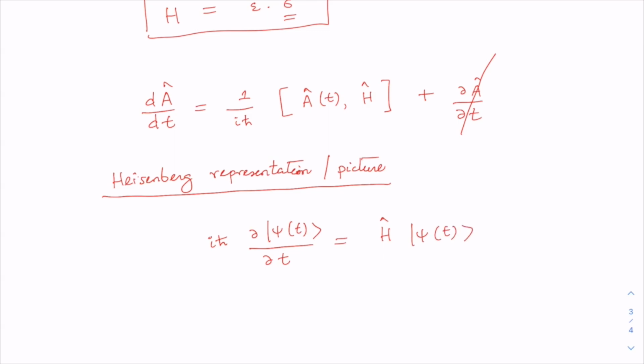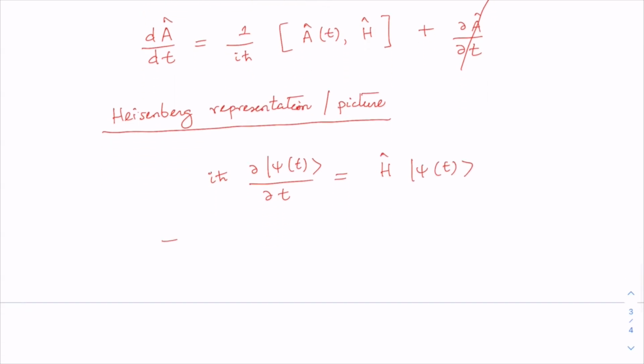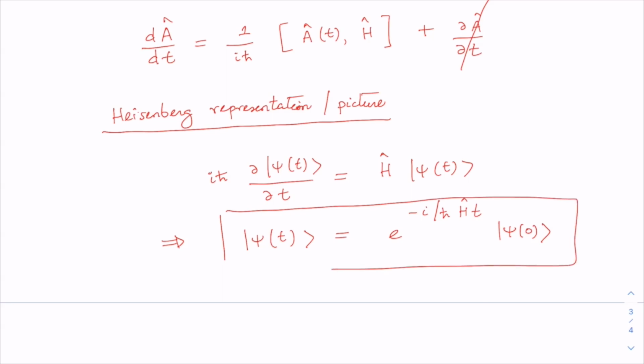This is the Schrödinger equation, and from here we know that we can find out how this state vector evolves in time, and we already talked about it. This is the so-called evolution operator, and it tells us how the wave function evolves in time.